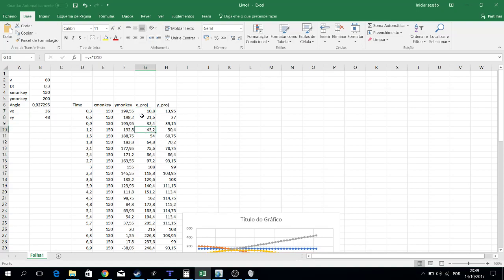Same for projectile X, it's just going right, so that's it. And Y projectile, that's the projectile going up and down. And it's the same. D12 is this one, it's the time. Keep in mind that here it says D7 because it's this time, and it says D8 because it's this time, and it just keeps going like this.